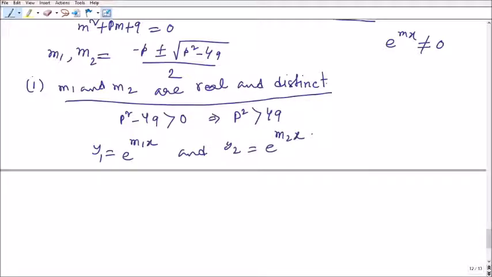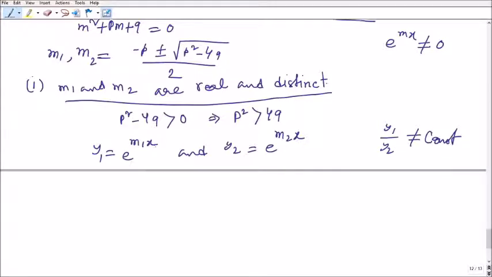These two solutions are linearly independent, because the ratio of y1 and y2 is not a function of x, it is not equal to a constant.